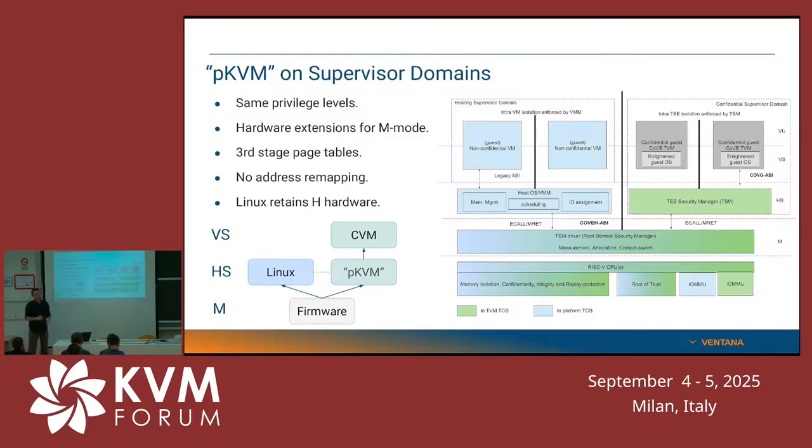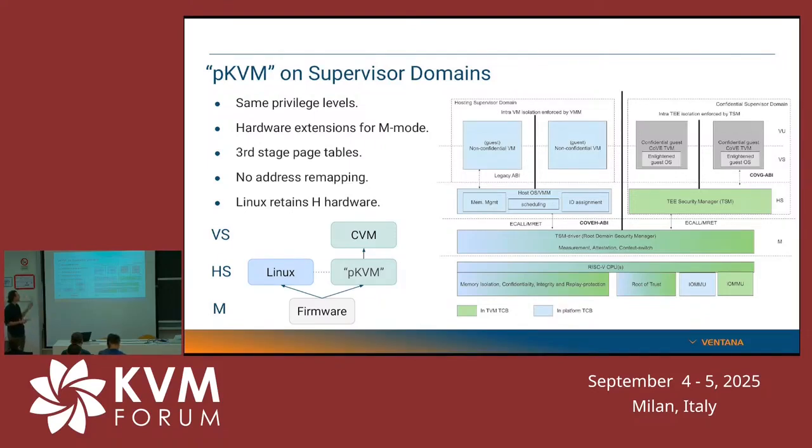Another benefit is that in the supervisor domain, the only code that ever executed is the trusted hypervisor. So the attestation would be much simpler, because currently with the pKVM code, all the Linux code executes, so you still have to trust that Linux doesn't do anything shady before it is deprivileged.